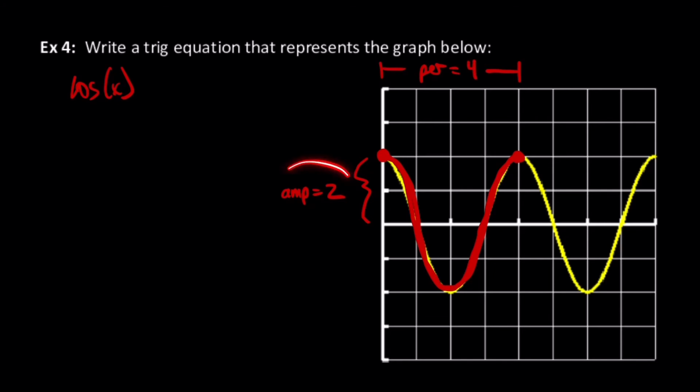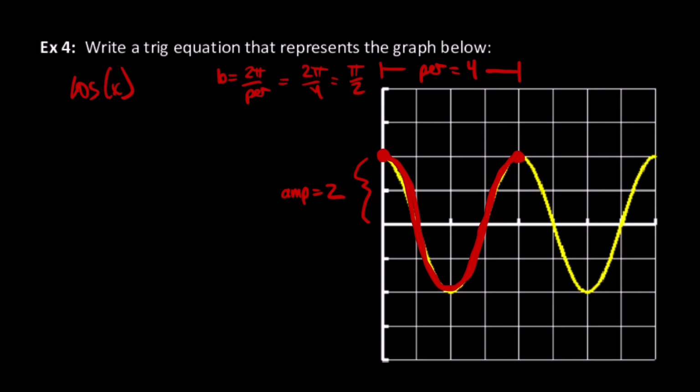All right, so I know the amplitude. I know the period is 4. Once you get the period, then you find your b term. Your b term is 2 pi over period for cosine, so that's going to be 2 pi over 4 or pi over 2. So really, that's all I need. If you notice here, I didn't shift it up or down. I'm not talking about any phase shifts.